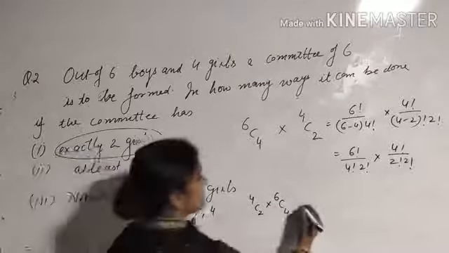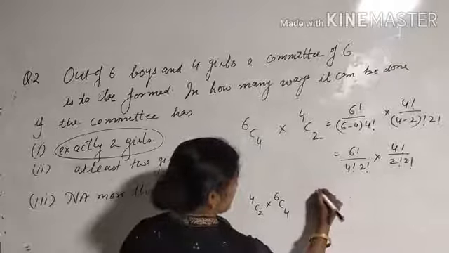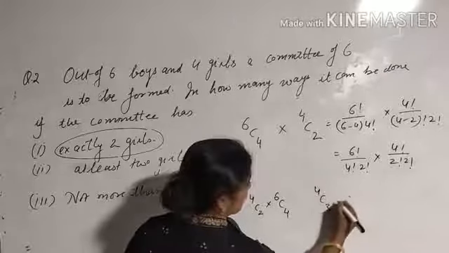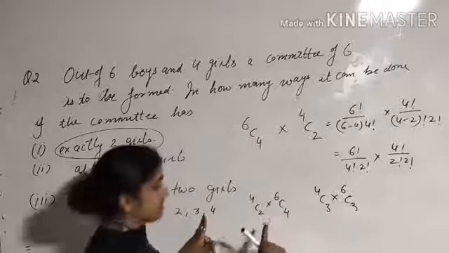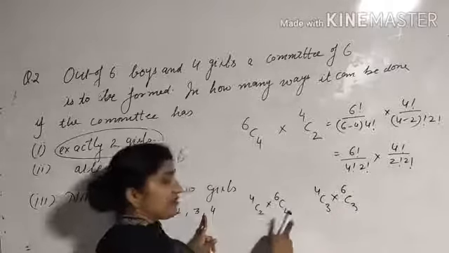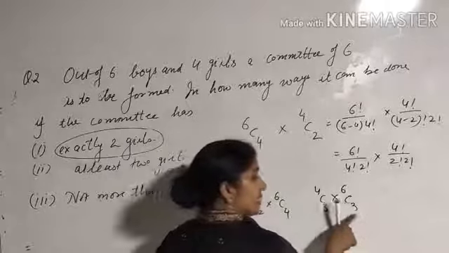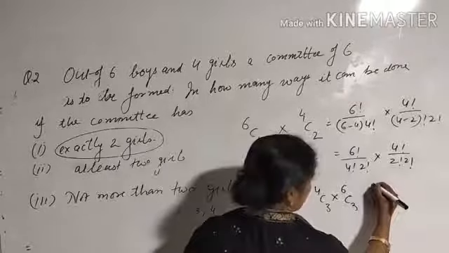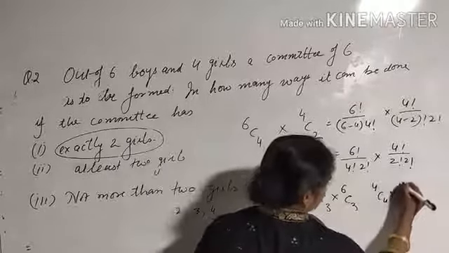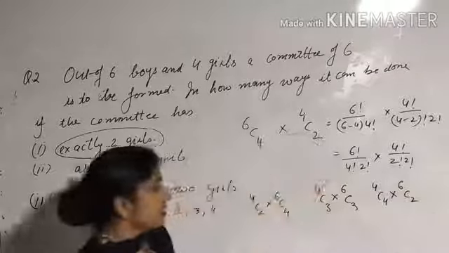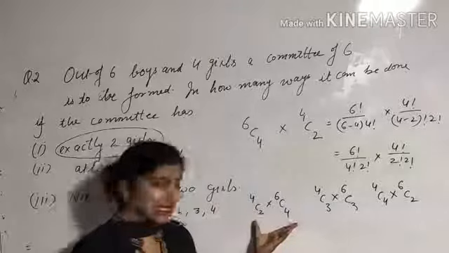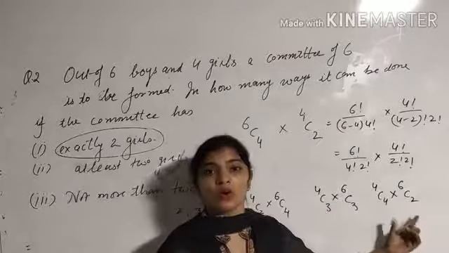For 3 girls, the number of cases is 4 C3 into, as a committee must have 6 candidates, so if girls are 2, then boys are 4. If girls are 3, boys are 3. If girls are 4, then boys are 2. Okay.